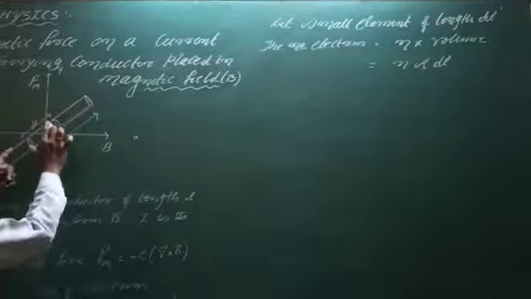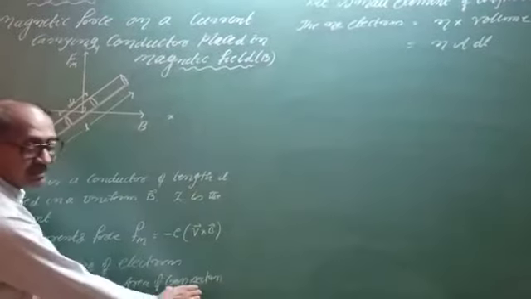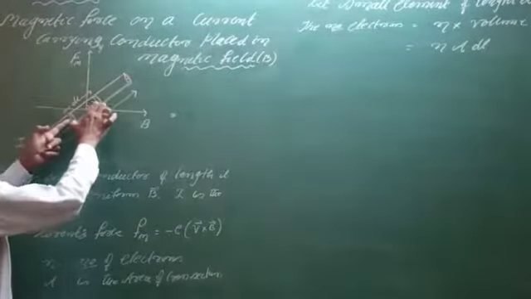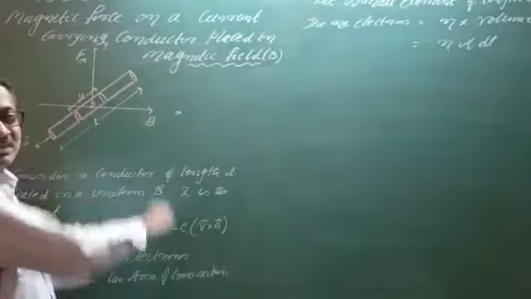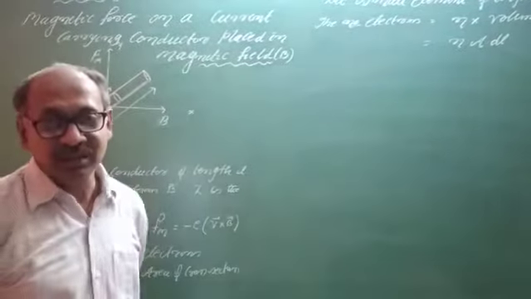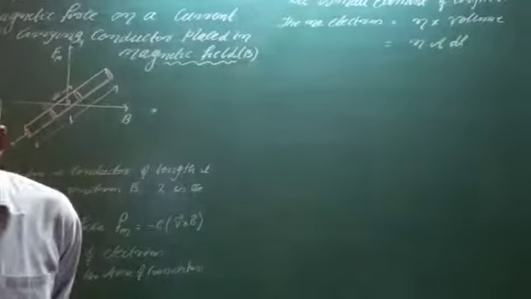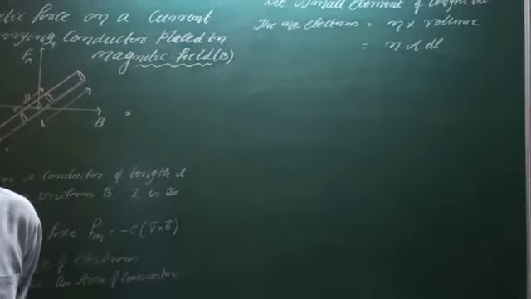A is nothing but the area of cross section, as we already said, and dl is the length.